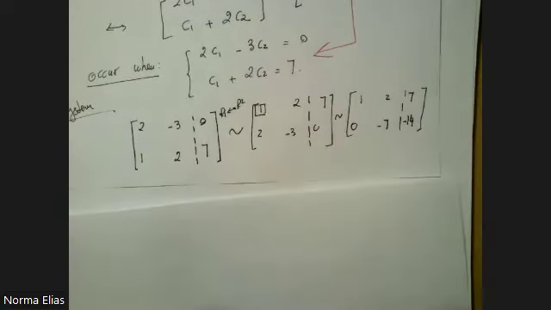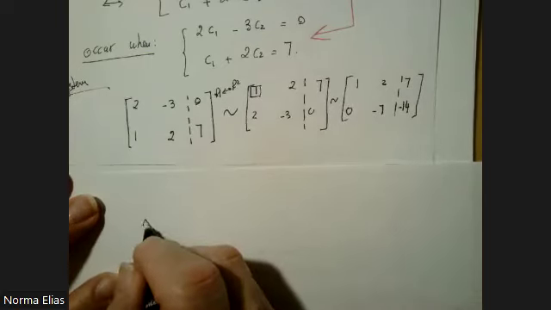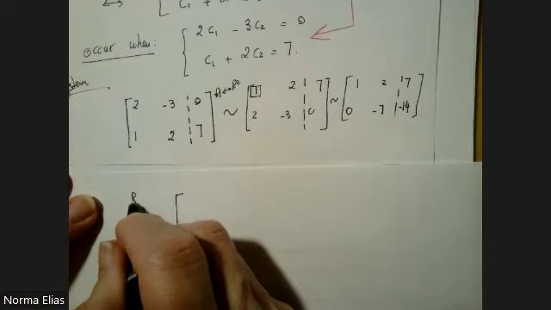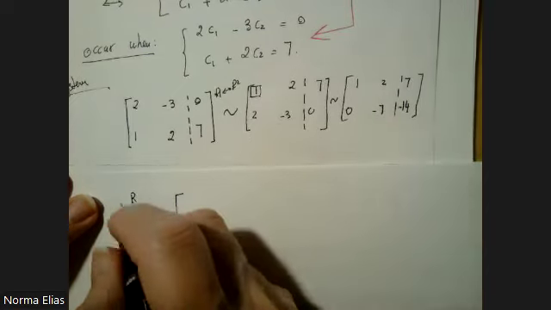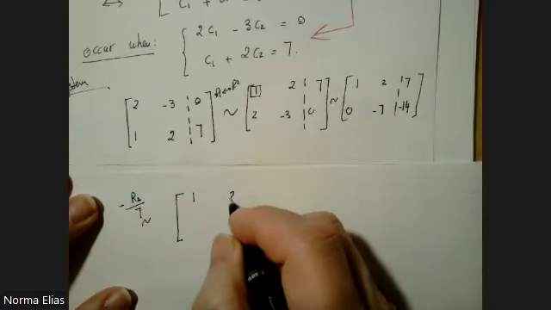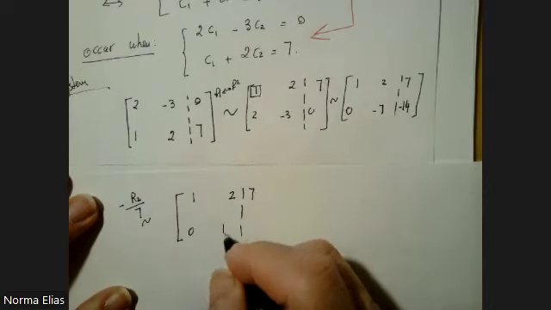I will do probably one row operation and then I stop. I'm going to divide the last row by -7 just because I can. So minus row 2 divided by 7 will give me 1, 2, 7; 0, 1, 2.